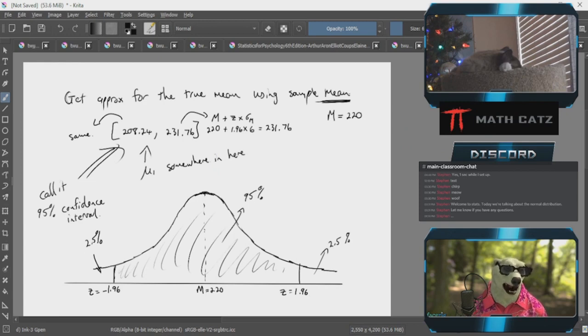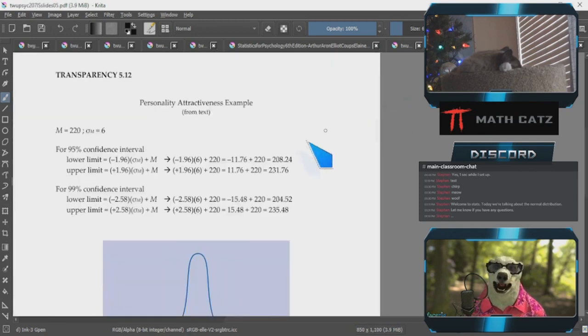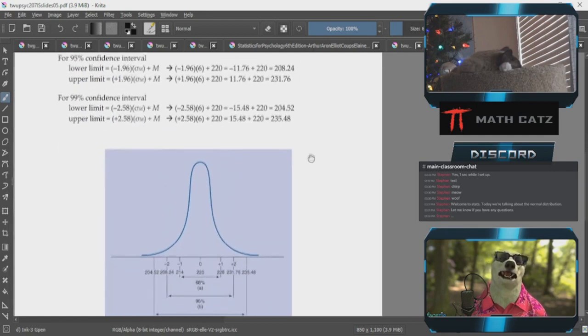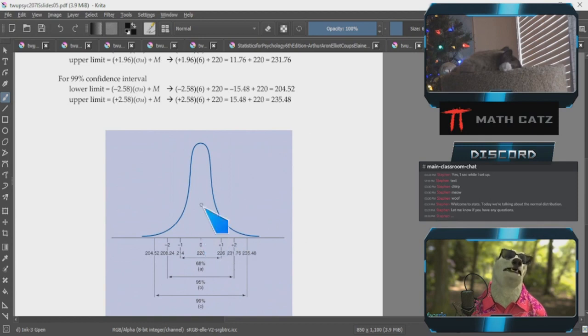So let's actually do it this way. And I have two of them here for 95% confidence and 99. We're building an interval around our estimated mean, understanding that our sample mean might not be the exact true population mean. Of course, there's going to be some variability, right?